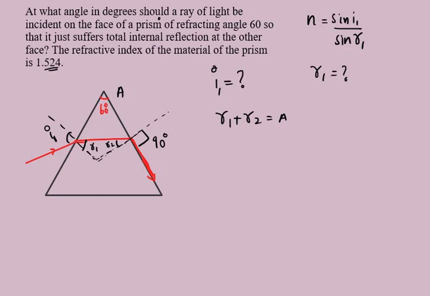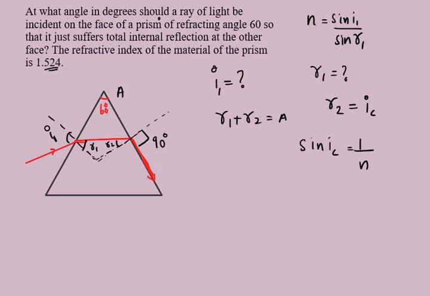Now you can see from the diagram what R2 actually is. R2 is the critical angle. That is why the emergent ray in this case is grazing on the surface. And you know a relation connecting critical angle and refractive index. What is that relation? Sin IC is equal to 1 by n, where n is the refractive index of the glass.